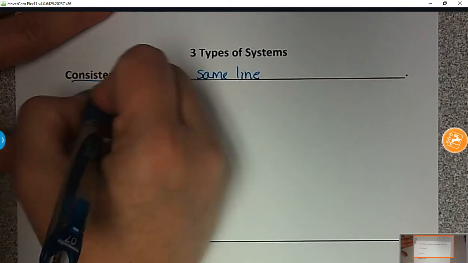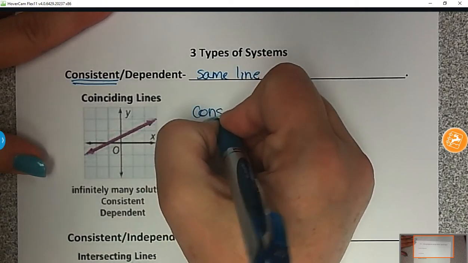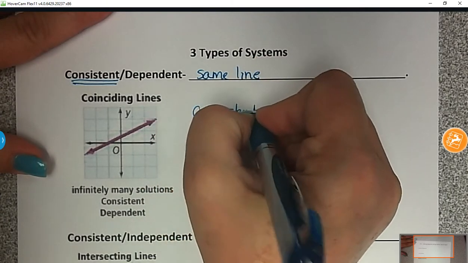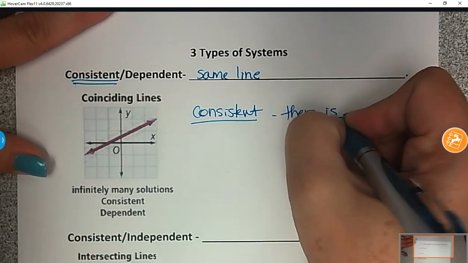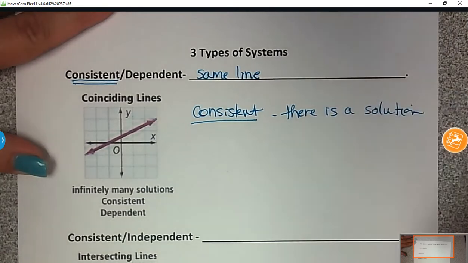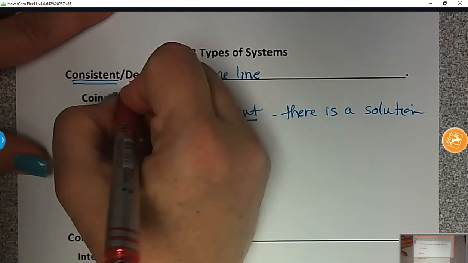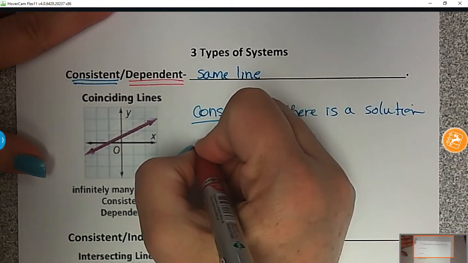Okay? The consistent part means there is a solution. And the dependent part, that means there are infinitely many solutions.